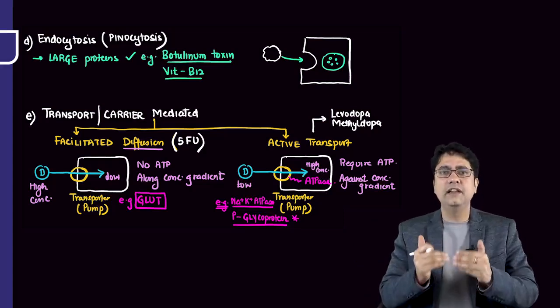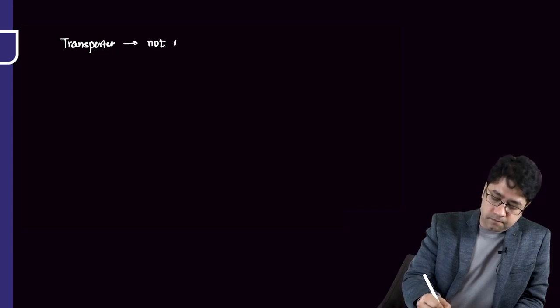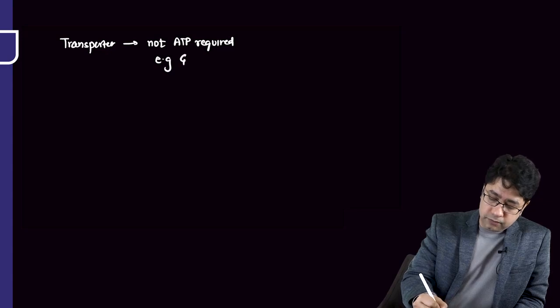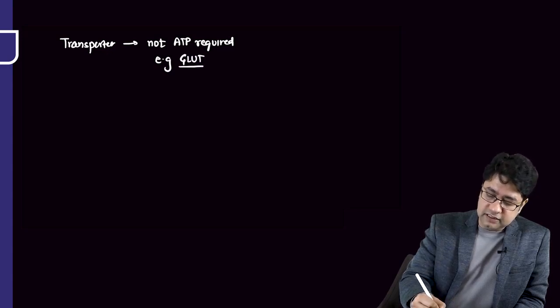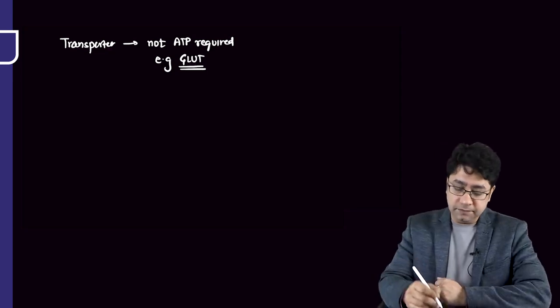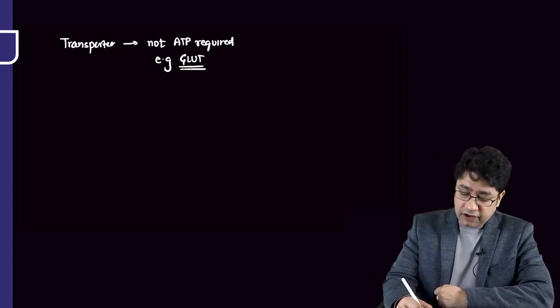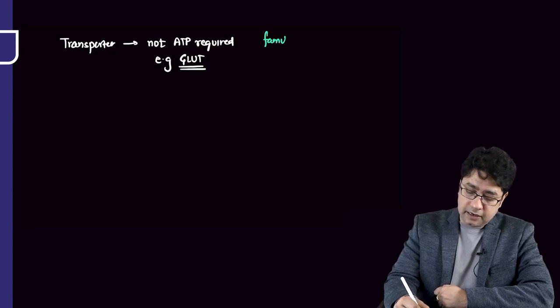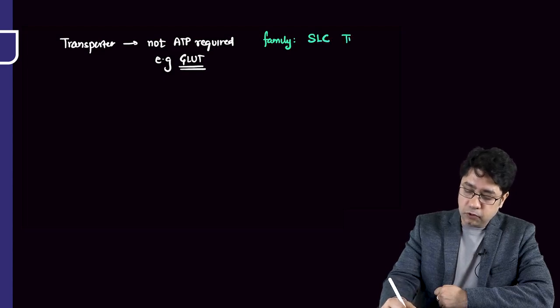Now, let's go into a little bit more detail. Any transporter which does not require ATP, for example the GLUT transporter which we discussed in facilitated diffusion, these transporters come under a family of transporters known as SLC transporters.